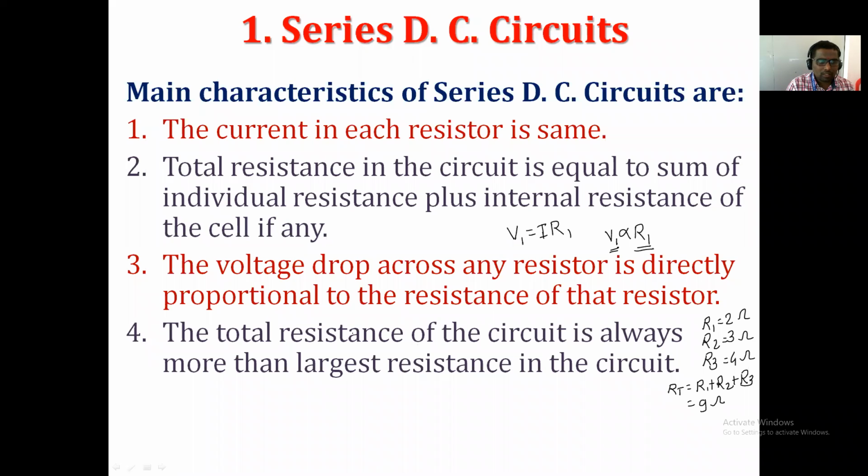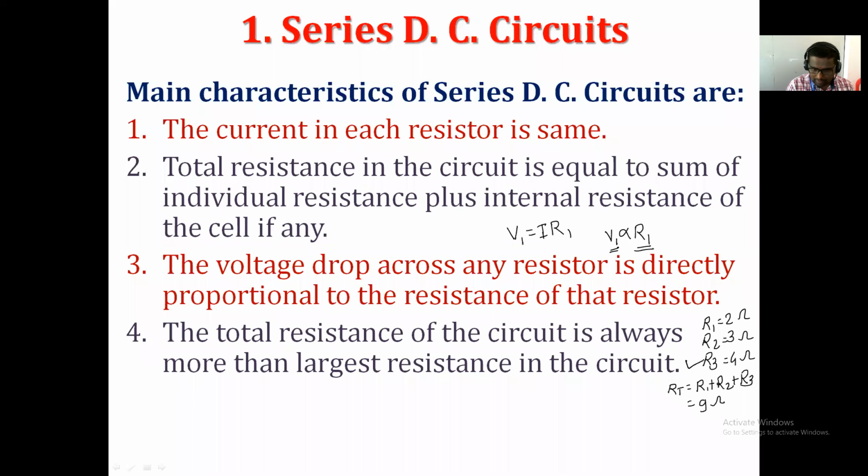I have written here that the total resistance, this 9 ohm of the circuit, is always more than the largest resistance in that circuit. Now which is the largest resistance here? 4 ohm. Is it right?